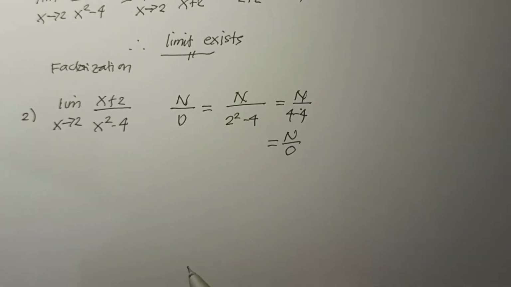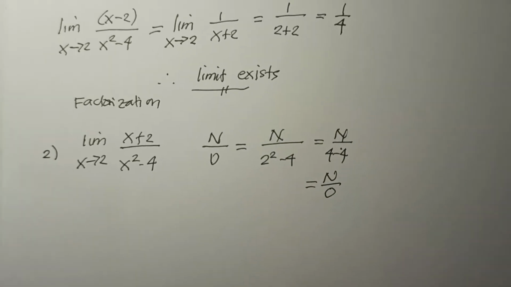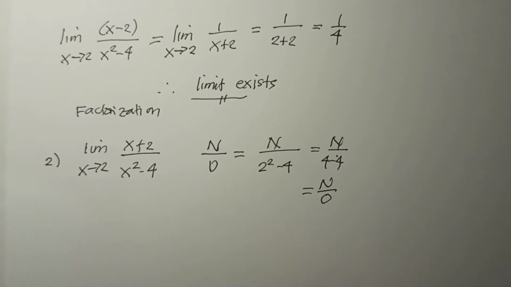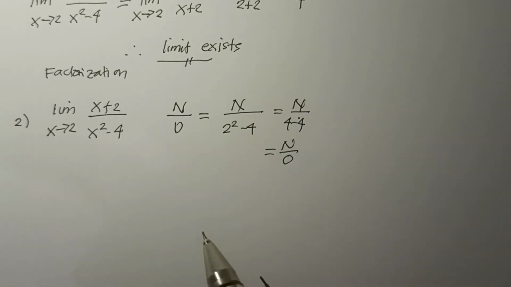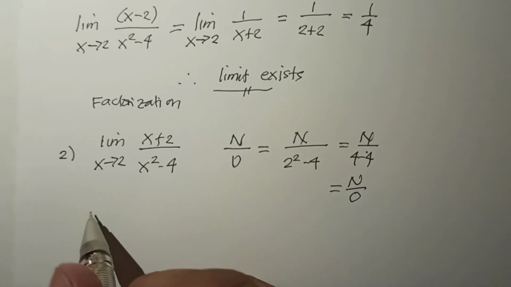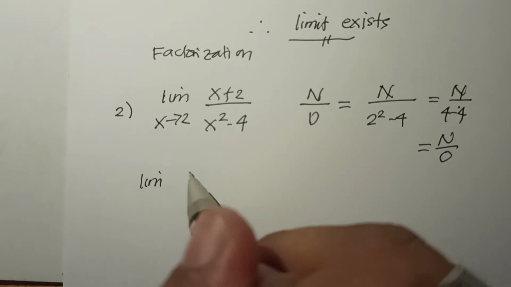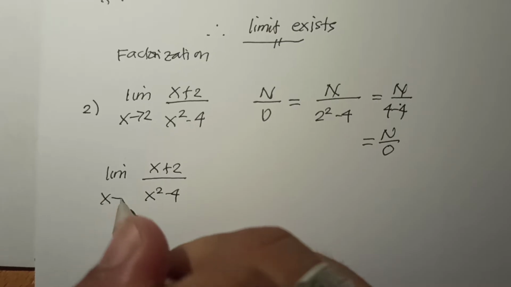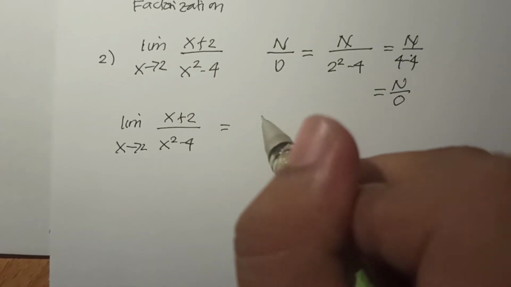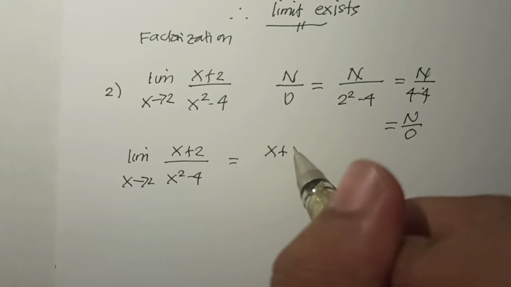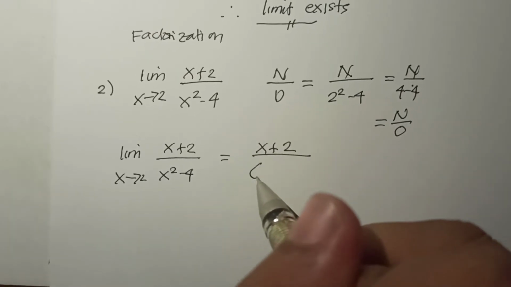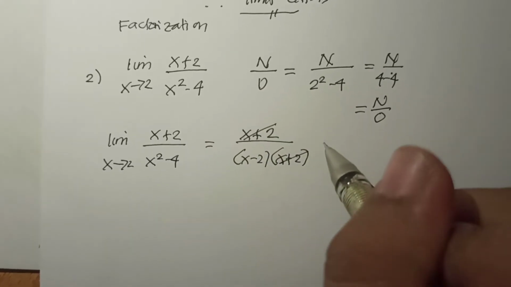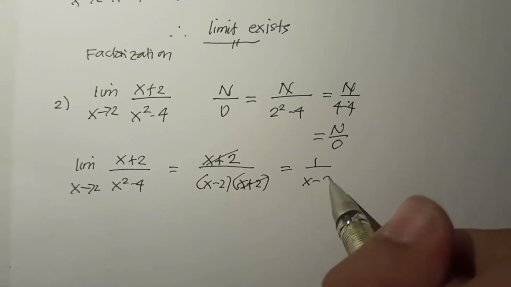So we have to find another way. It could be factorization, so that we test whether the limit exists. Using factorization: x plus 2 over x minus 2 times x plus 2. We cancel this part, and this is 1 over x minus 2.